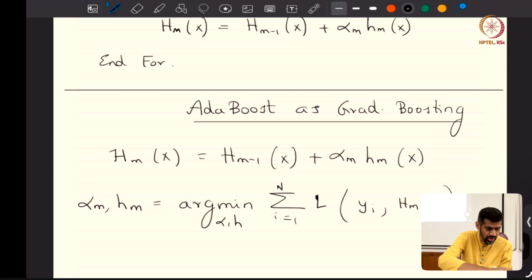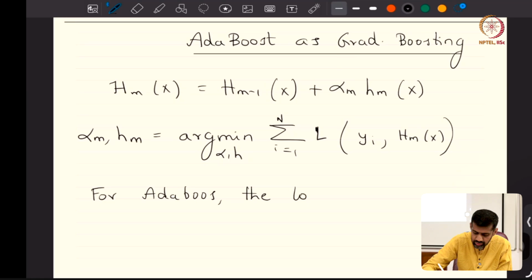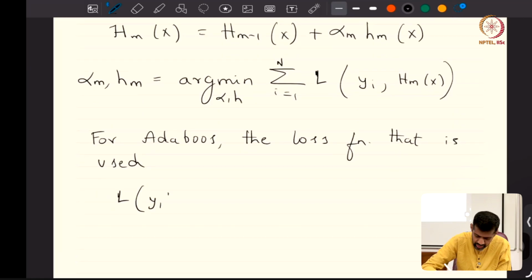Okay. Now, for AdaBoost, the loss function that is used is as follows. We define L of y comma h of x to be equal to e to the power minus y times h of x.